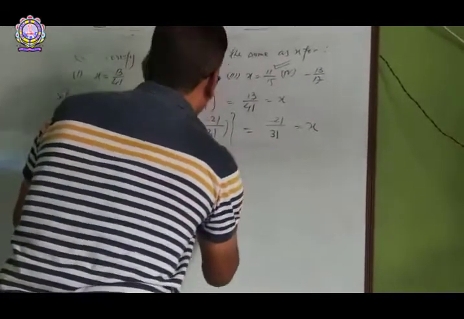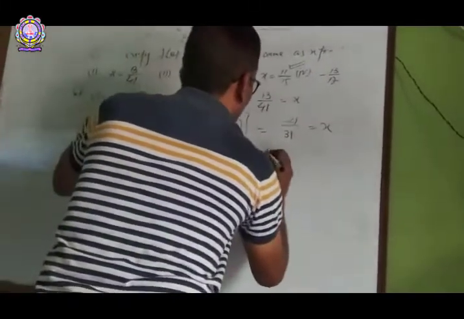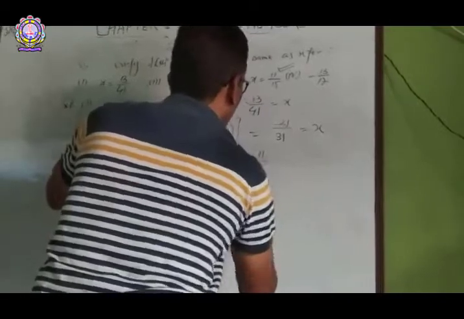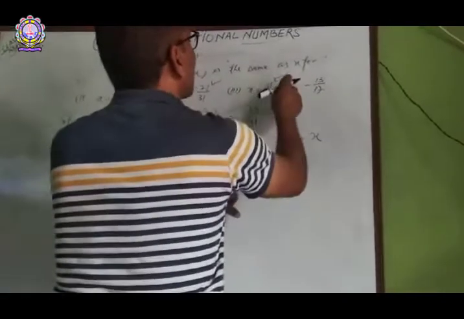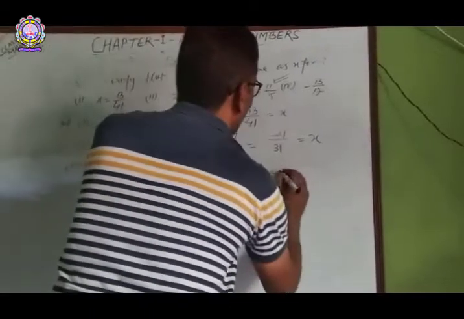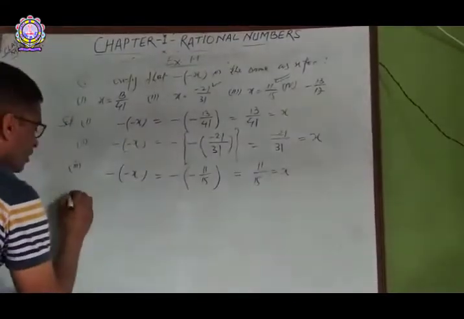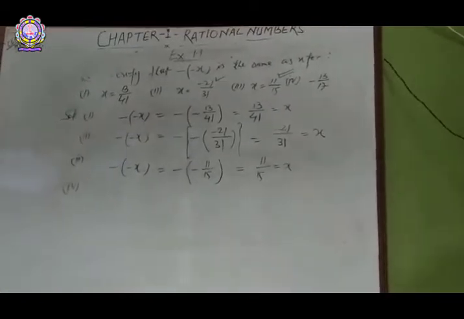When you solve it, you will get minus into minus is plus 11 upon 15, and 11 upon 15 is again equal to x as part third. It is solved.